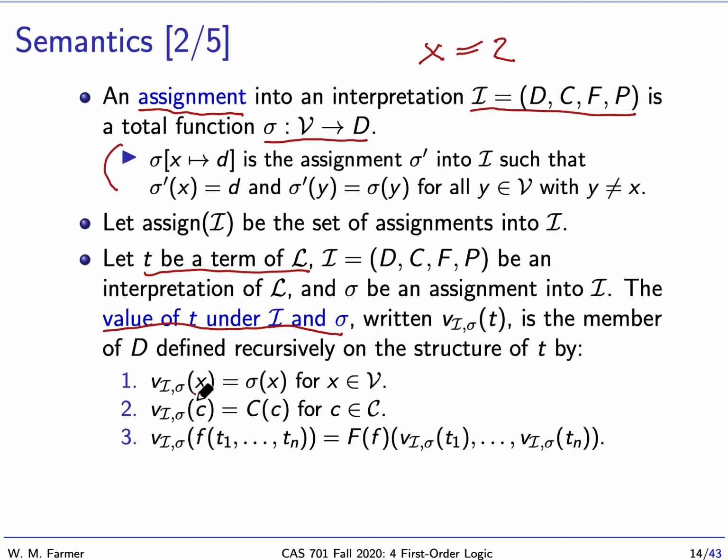So if we have a variable, the value of that variable is whatever the assignment assigns to it. And if we have a constant symbol, we assign to that whatever the function C assigns to the constant symbol.